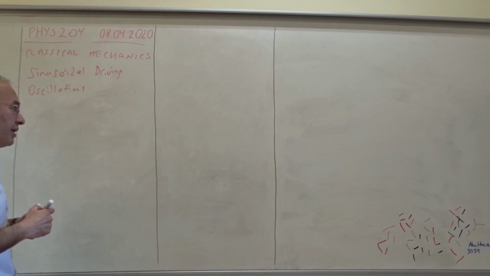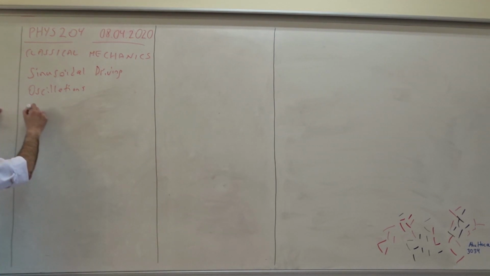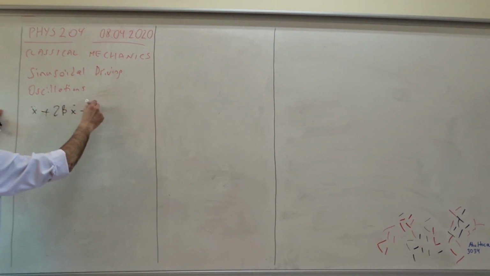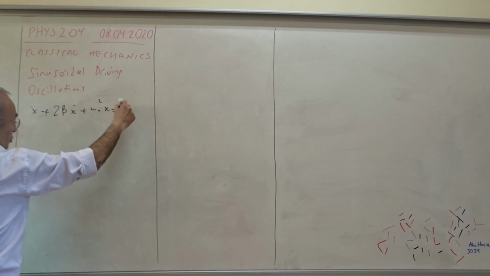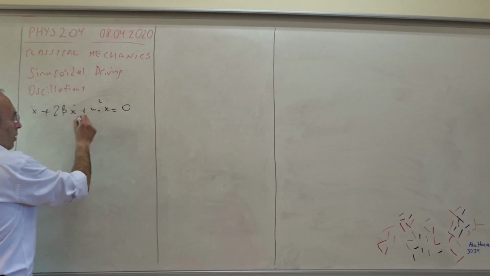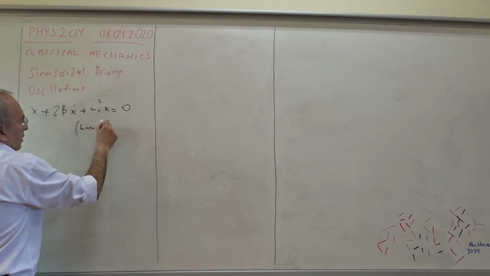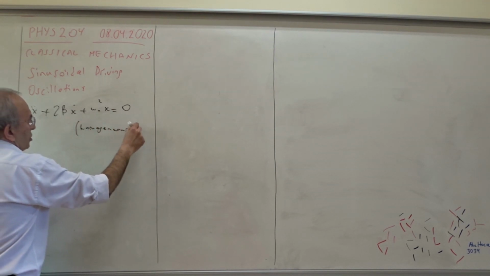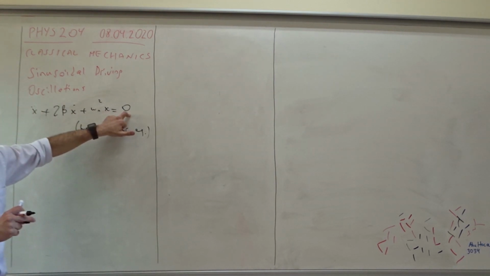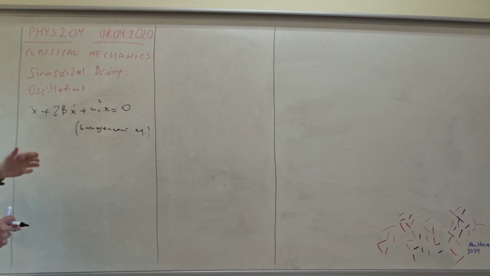In the previous case, we had x double dot plus 2 beta x dot plus omega 0 squared x is equal to 0. The right hand side was 0. It is a homogeneous differential equation because we have a 0 on the right hand side.